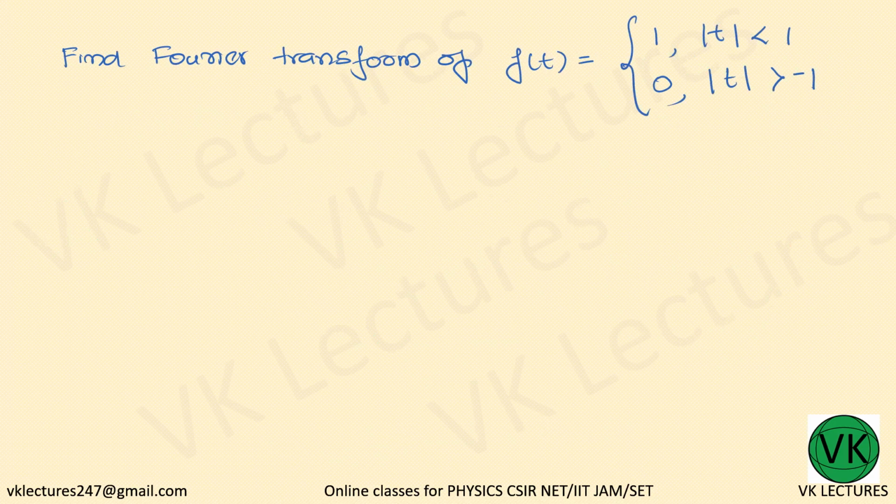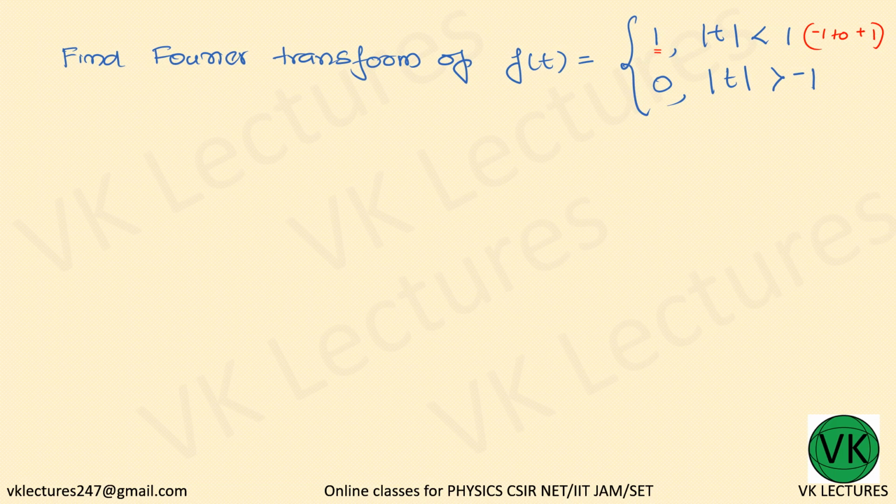Find the Fourier transform of f of t. So the function is having 2 values. One when mod t is less than 1, that means from minus 1 to plus 1, excluding these 2 points, less than.